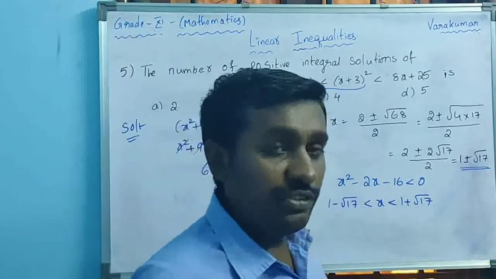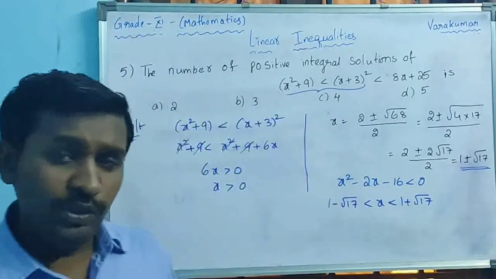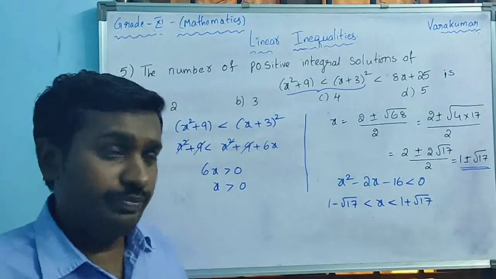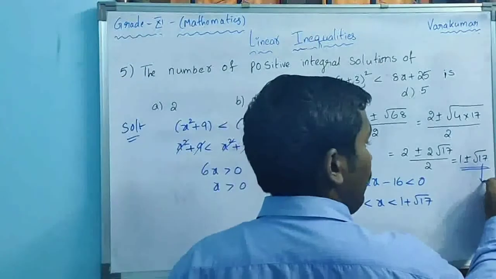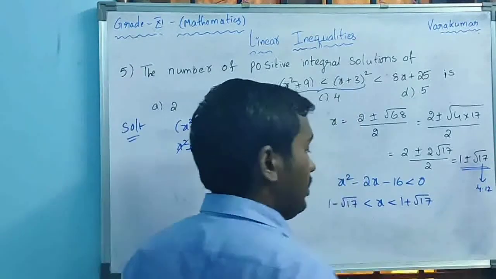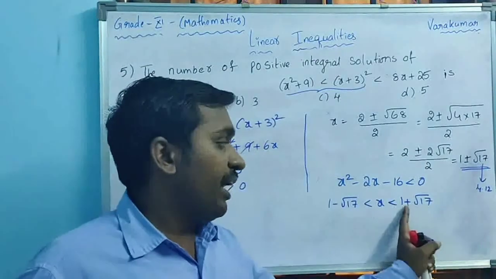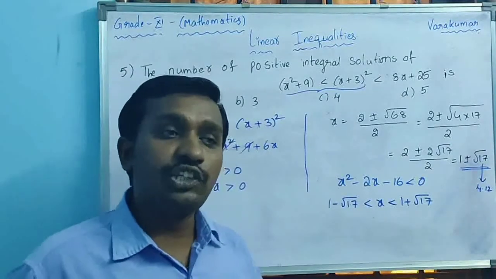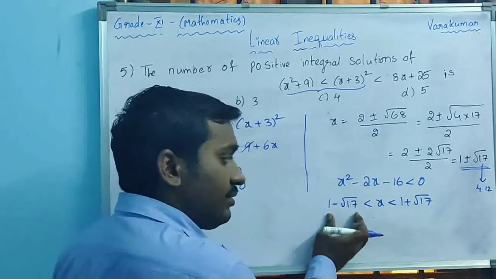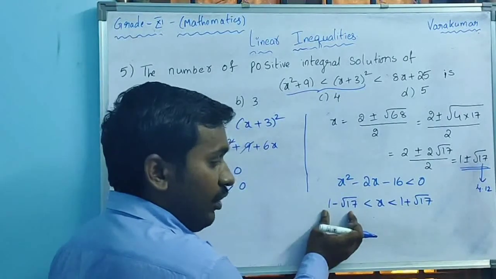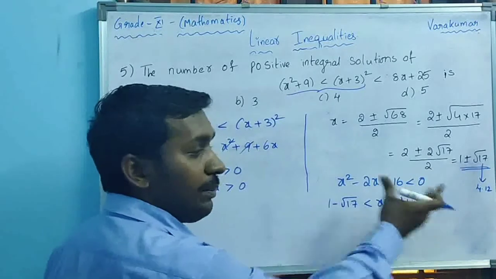See, what is the value of root 17? It is more than 16, so about 4.12. Now 1 minus 4.12 is a negative value, and 1 plus 4.12 is a positive value. So x lies between 1 minus root 17 and 1 plus root 17.